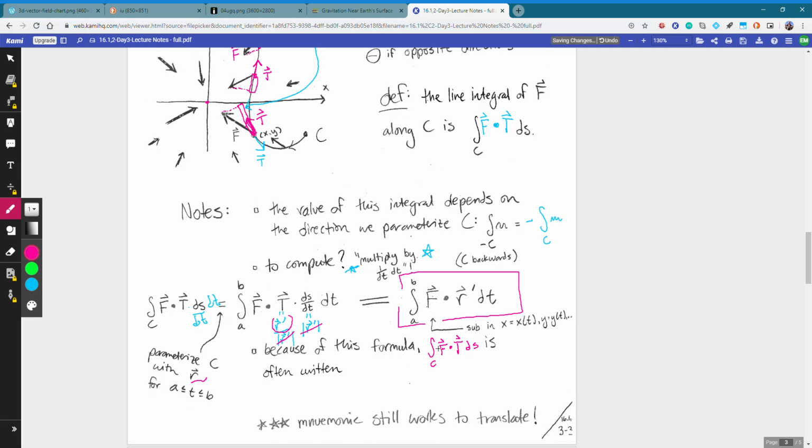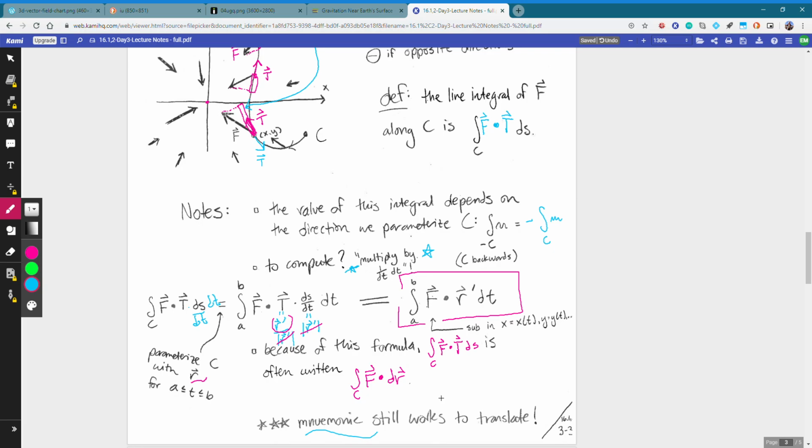The notation we'll often use is the integral over our curve C of f dot dr. And it might look a little funny, but I claim that this is an awesome shorthand notation because our mnemonic, our little catchphrase, still points us the right direction and tells us how this thing translates.